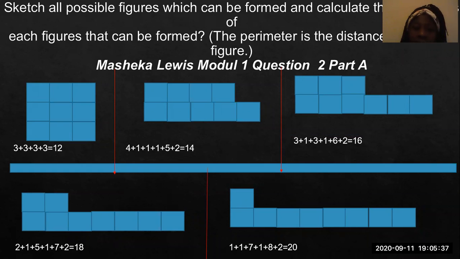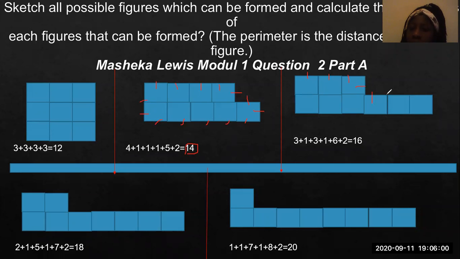Now, we'll just continue like we did with this one, which is 4, 1, 4. Then we have one side 1, 1, 1, 5, and 2. And the perimeter will equal 14.